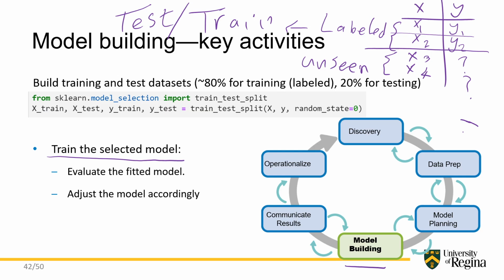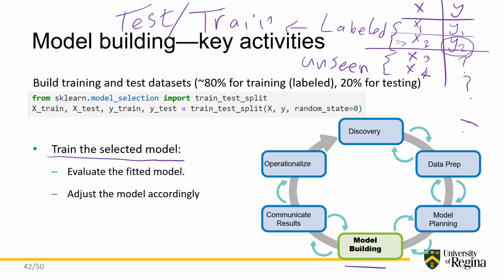But then I could test my model using another set, and because I know what the true output is, I can compare that with the predicted output of my model, and in that way I could realize how my model performed.